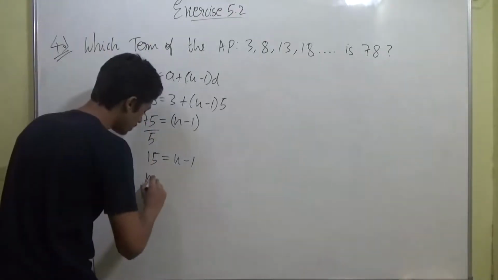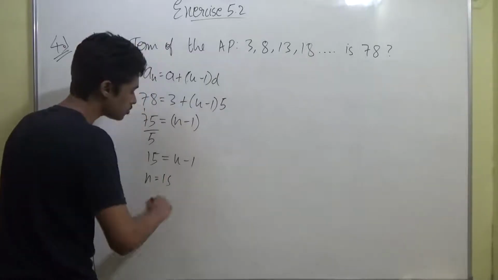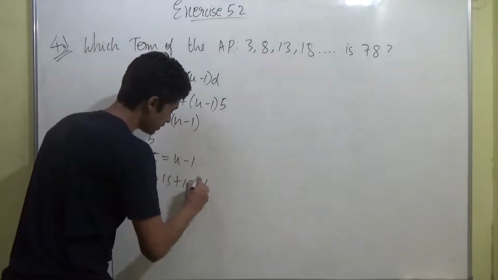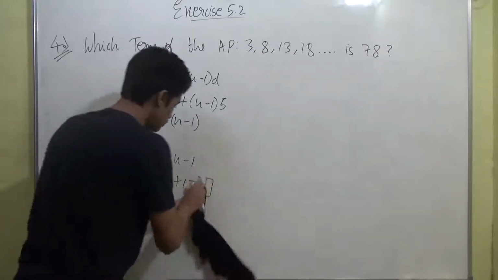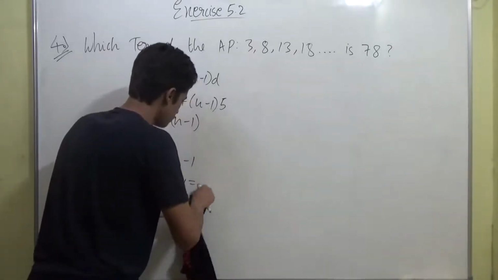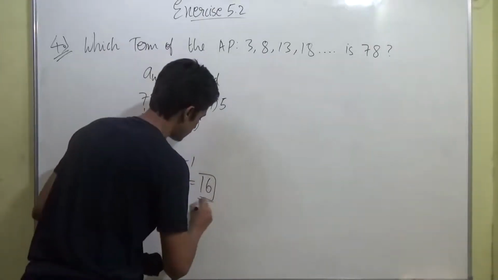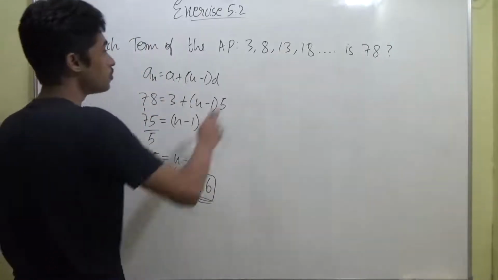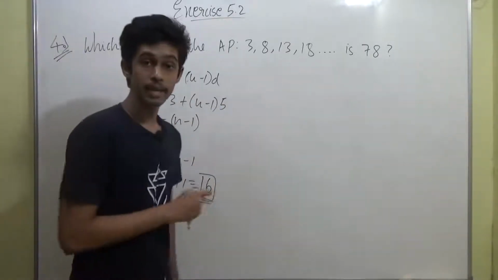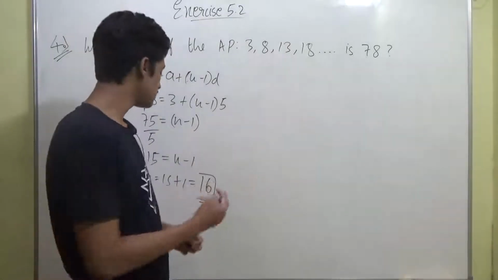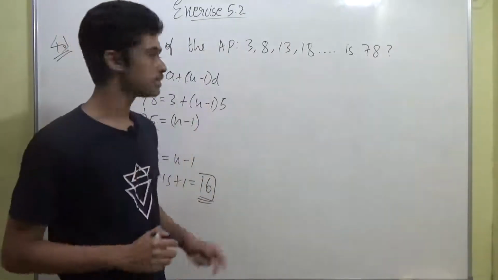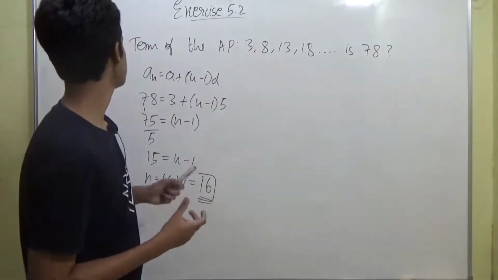So n will become equal to 15 plus 1, when minus 1 comes to the other side, it will become plus 1, equal to 16. So n equal to 16, guys. The value of n is 16, which means 78 is the 16th term in this AP. That's the meaning of this answer, guys.